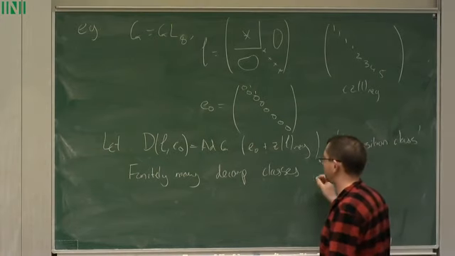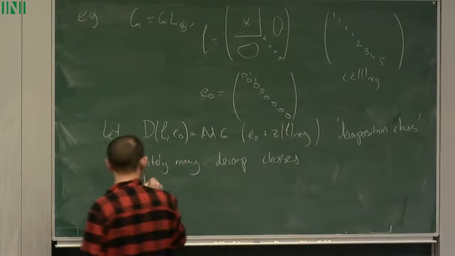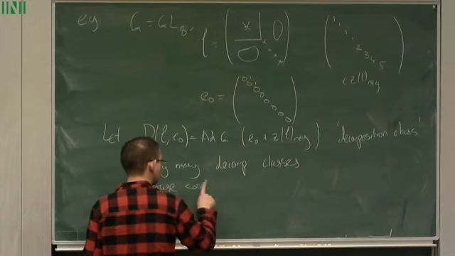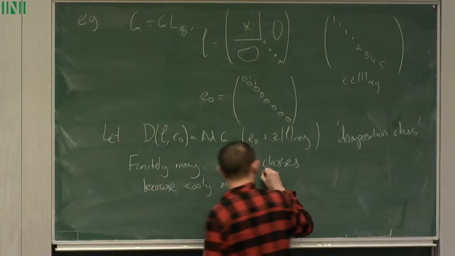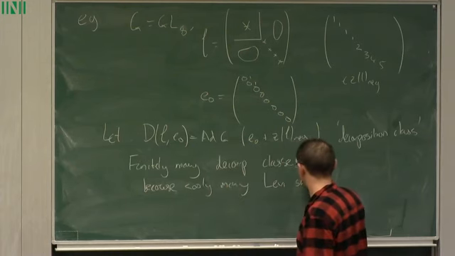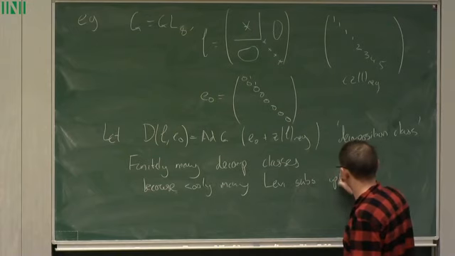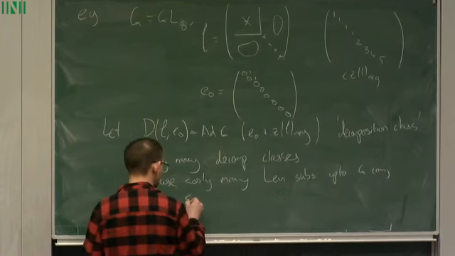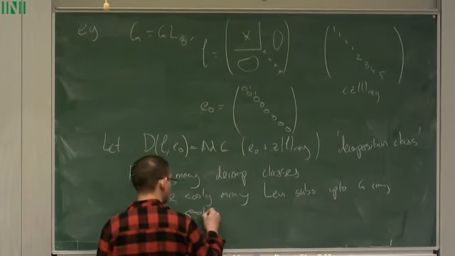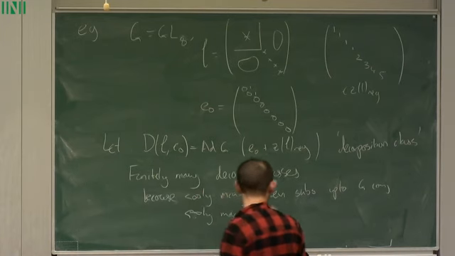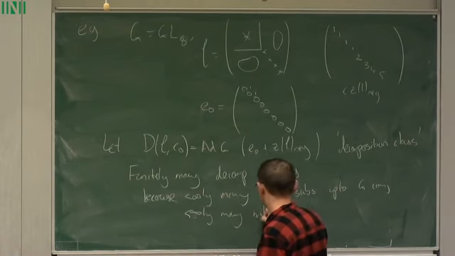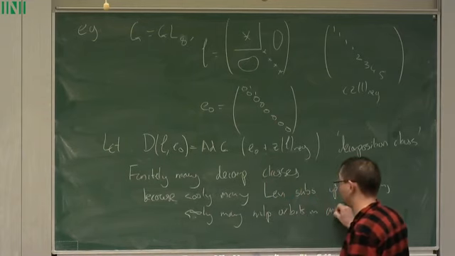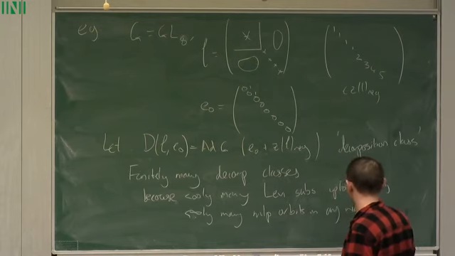And there are finitely many of these decomposition classes because there are finitely many Levi subalgebras up to G conjugacy, and there are finitely many nilpotent orbits in these Levi's, in any reductive group.